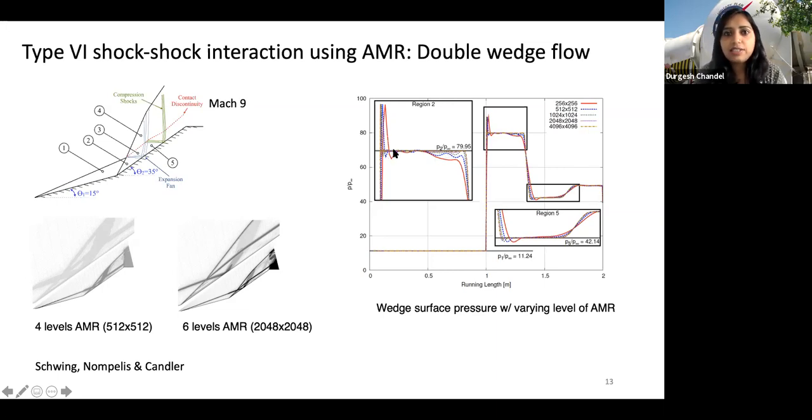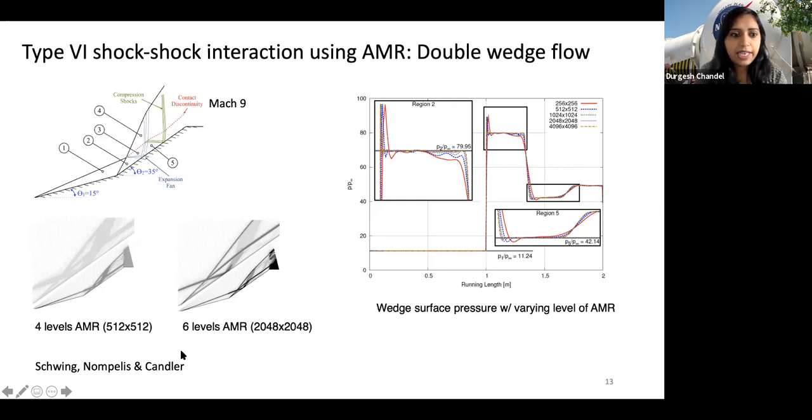The shock front is here where you see the peak. If you have just a single level of AMR, which is the solid red line, the oscillations near the shock are big. Once you keep increasing the levels of AMR, the oscillations are damped and you can converge to the equilibrium flow solution.